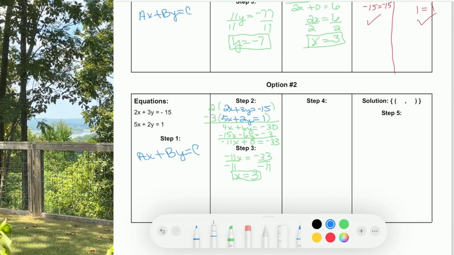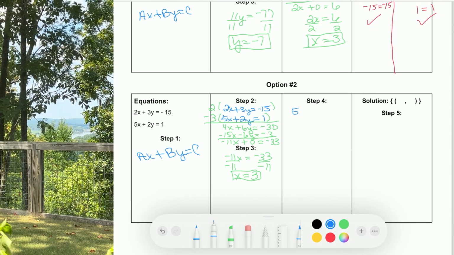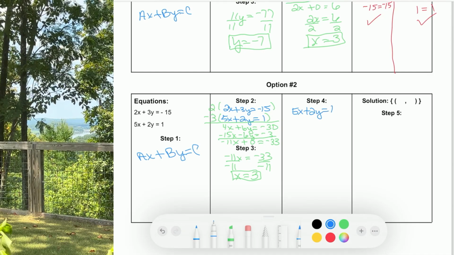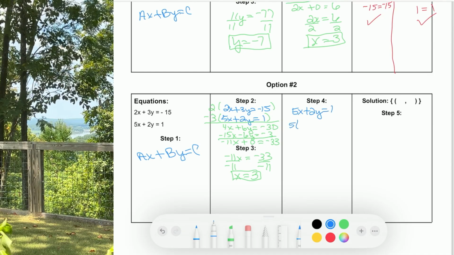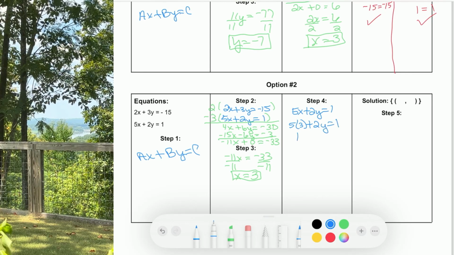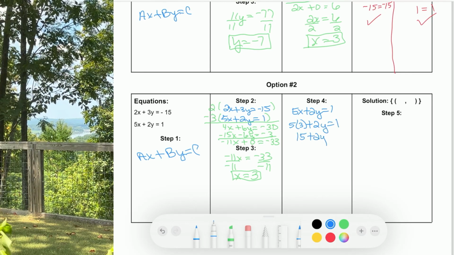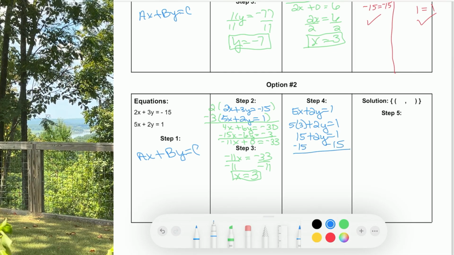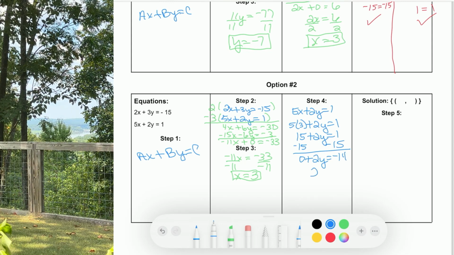All right, let's look at if we choose 5x plus 2y equals 1 to find our y value. 5 times 3. We get 15 plus 2y equals 1. Subtract 15. I get 0 plus 2y equals negative 14.